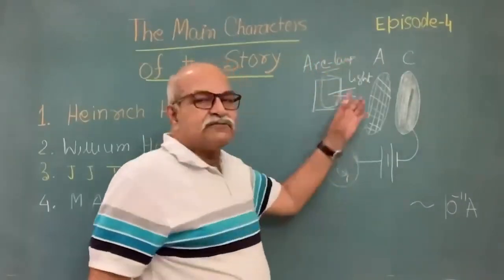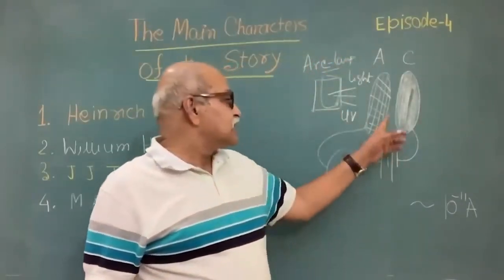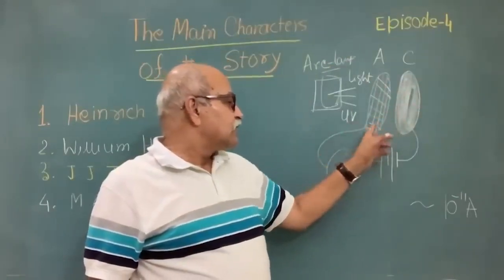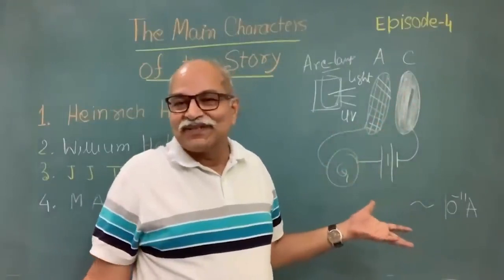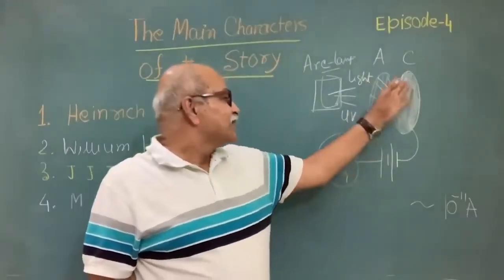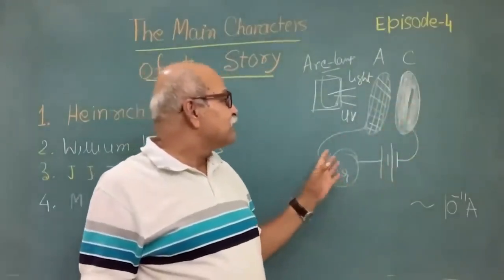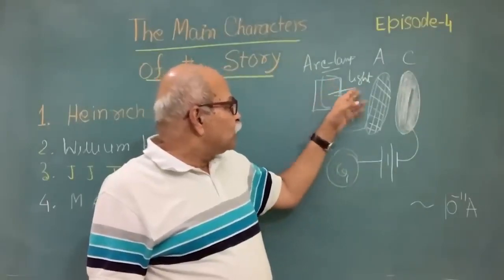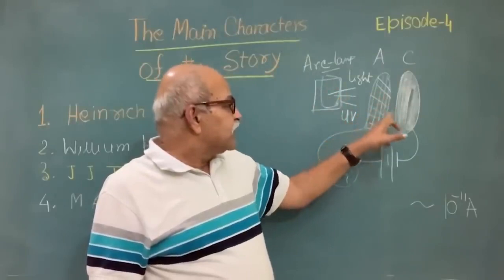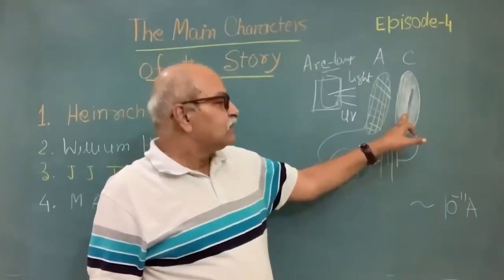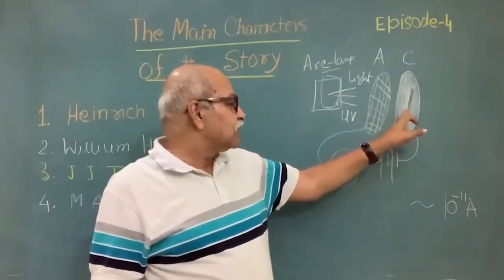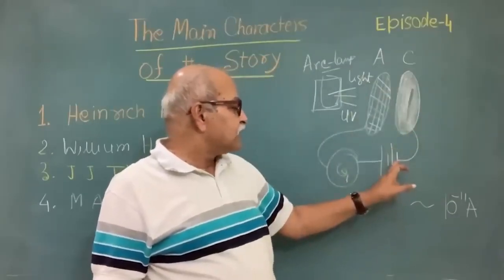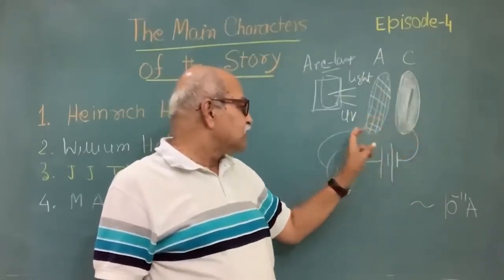So this is the kind of setup. This circuit is open here, air in between, and no vacuum or other thing is reported. So it's again a simple setup. What he finds is this light goes through these gaps and falls on this metal, on this solid disc, which is the cathode, placed at a negative potential with respect to this.